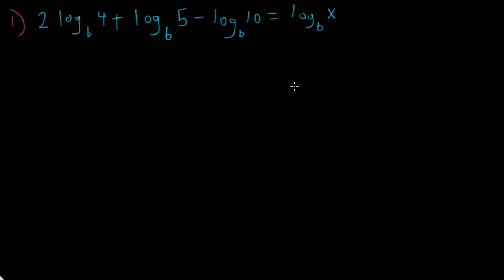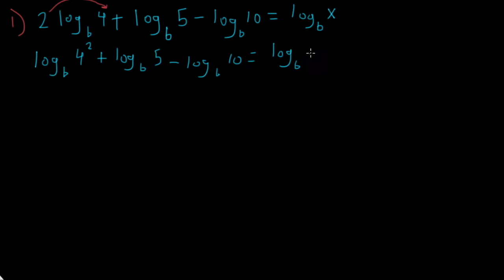Okay, so if we start condensing all of this, we will first use the power rule. So that's going to become log b 4 to the second power, plus log b 5 minus log b 10 is equal to log b of x.